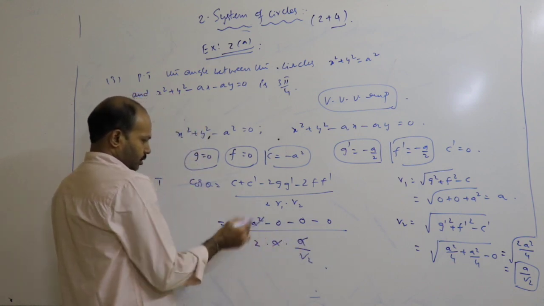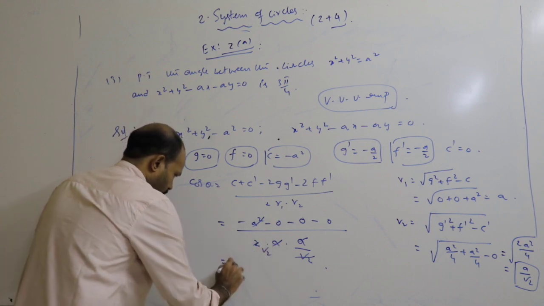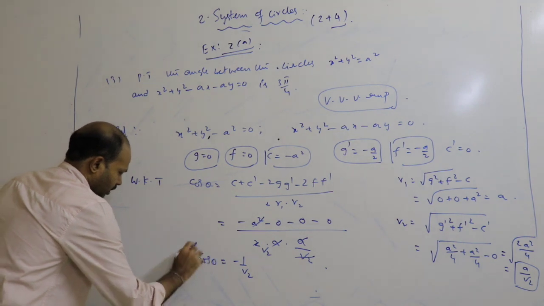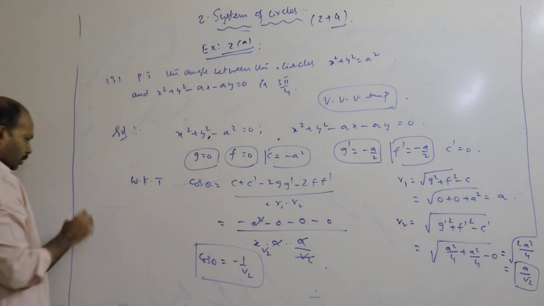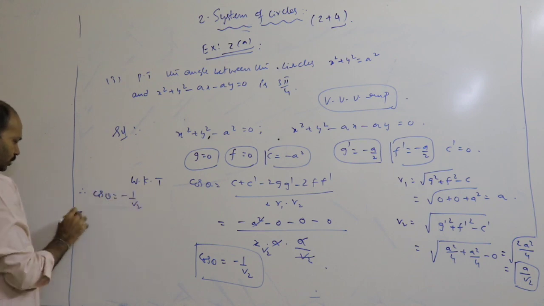The a and a with a square cancel, the 1 and square root of 2 cancel. We have minus 1 by root of 2. That is cos theta. So cos theta is equal to minus 1 by root of 2.